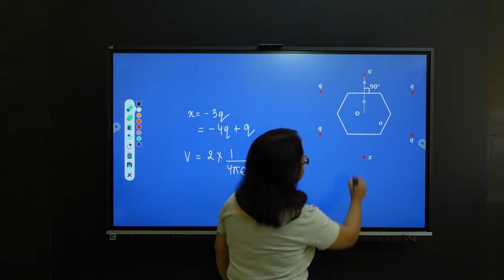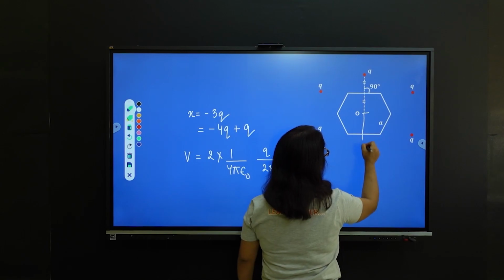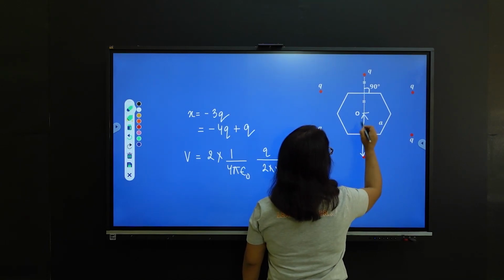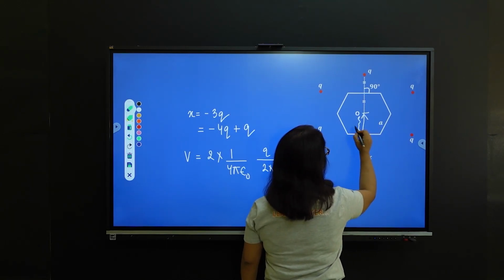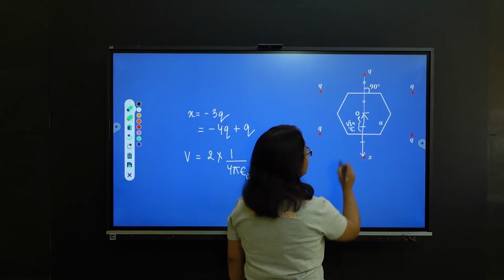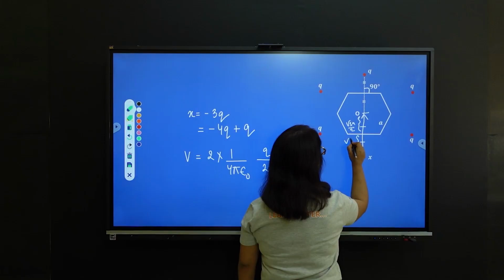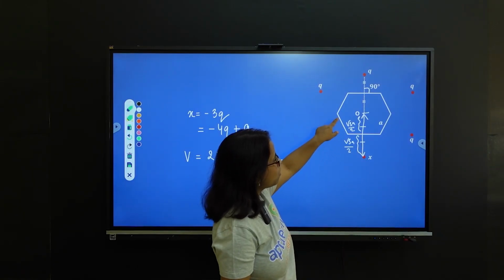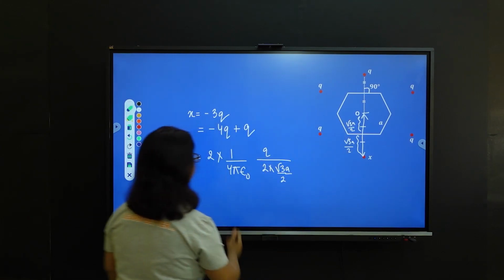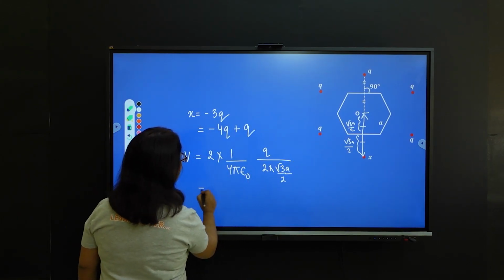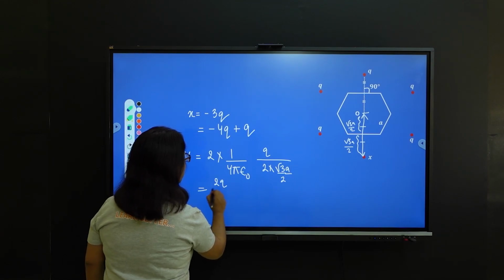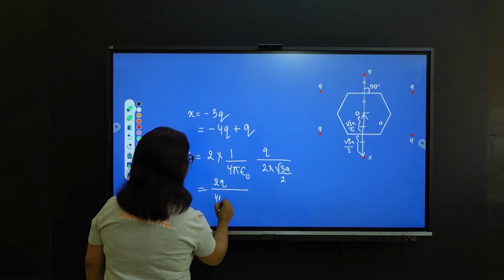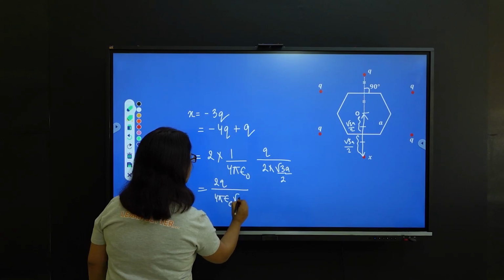Since the distance between O and x was equal to root 3a by 2, and this is bisected, this part is also equal to root 3a by 2. So a sum of this will mean 2 times root 3a by 2. So this is what we have. We write it as 2q by 4 pi epsilon naught and root 3a.